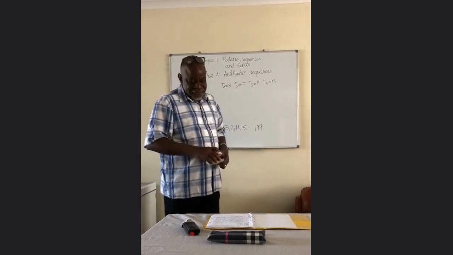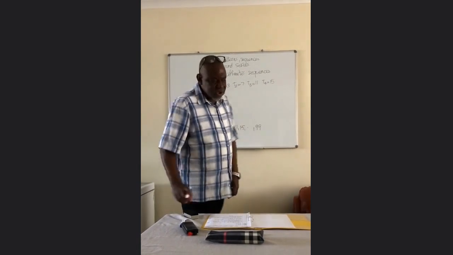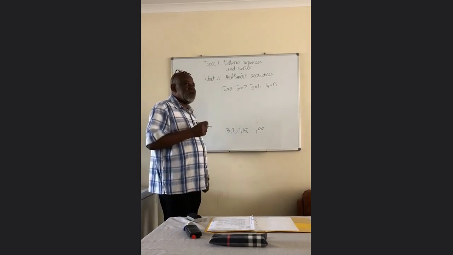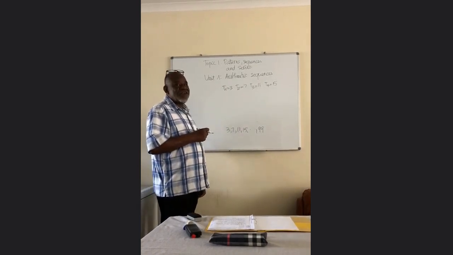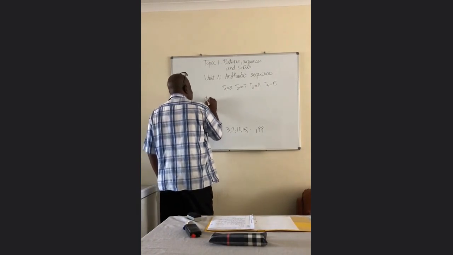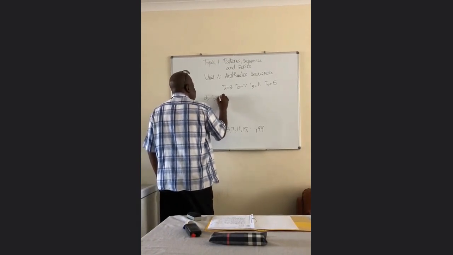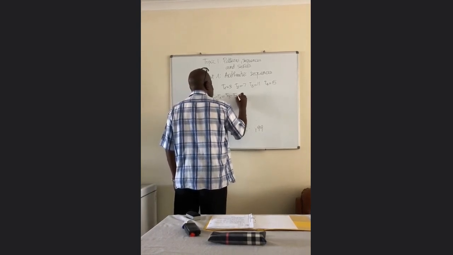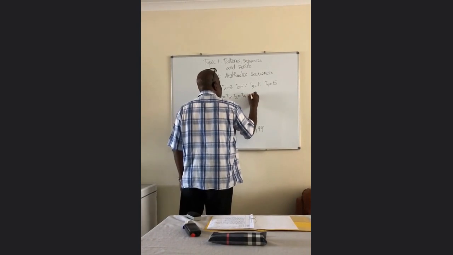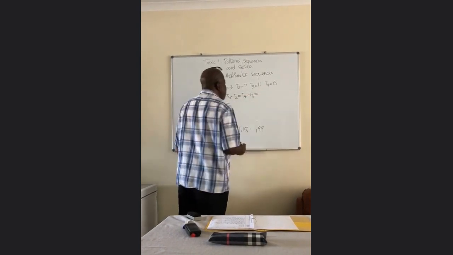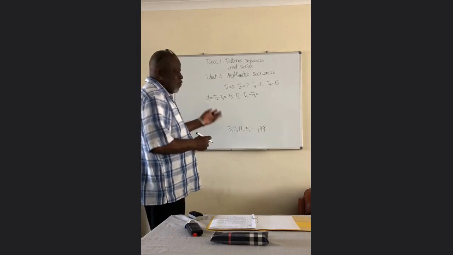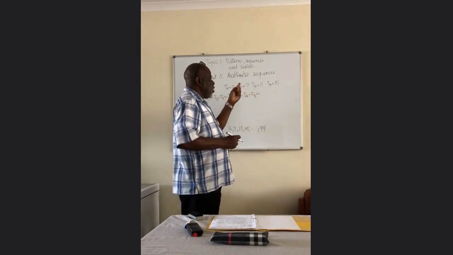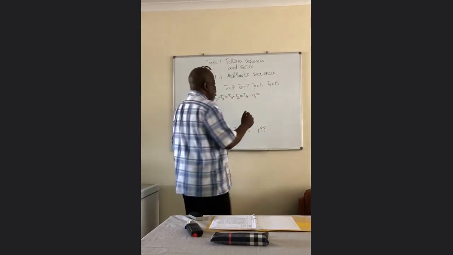Now, applying this definition of an arithmetic sequence, we want to show that between consecutive terms, we're having what we call a common difference. So the common difference D will be equal to T2 minus T1, it will be equal to T3 minus T2, it will be equal to T4 minus T3, and this is going to give us, as you can see, 7 minus 3 is equal to 4, 11 minus 7, you get 4, and 15 minus 11, you get 4.